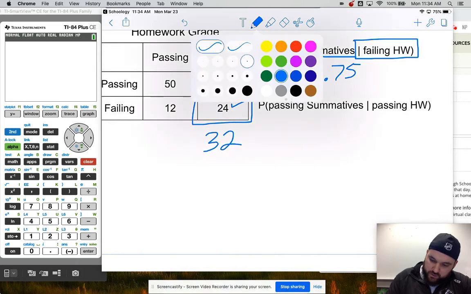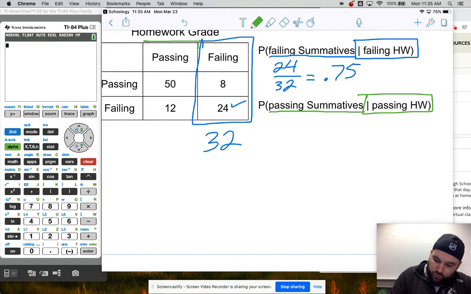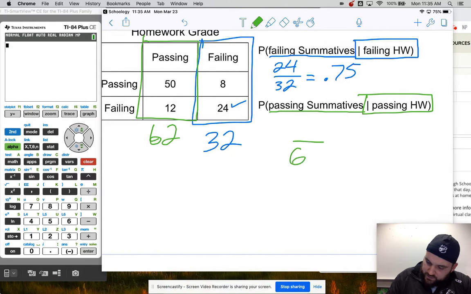Then, what is the probability that a student is passing their summatives given they are passing their homework? The given event is that they are passing their homework, which is right here, a total of 62. So out of 62, what's the probability that they are passing their summatives? That's 50 students.